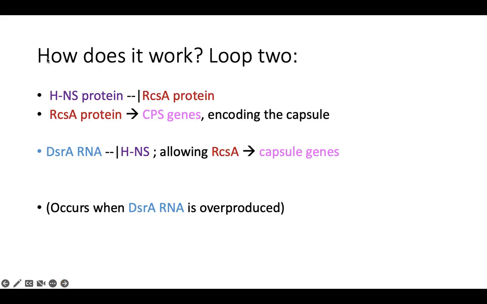So just looking at how loop 2 functions, just a little bit of background info you're going to need. The H-NS protein is responsible for preventing the expression of the RcsA protein, and the RcsA protein is responsible for promoting the expression of the cps genes. These are the genes which encode the capsule.